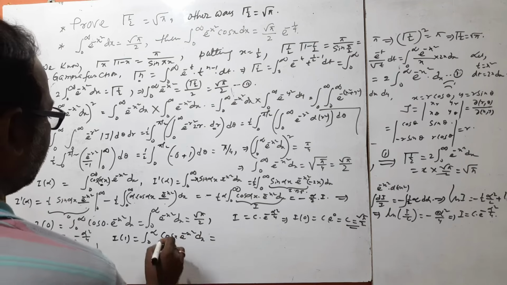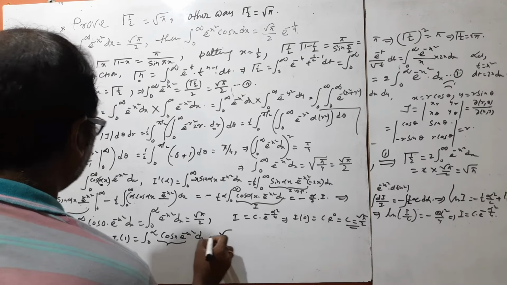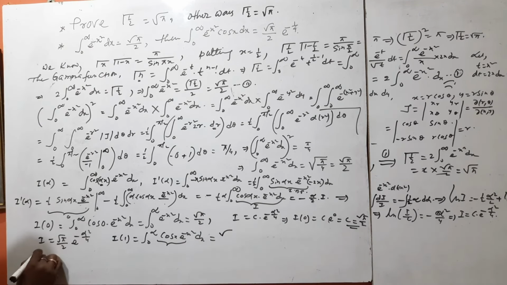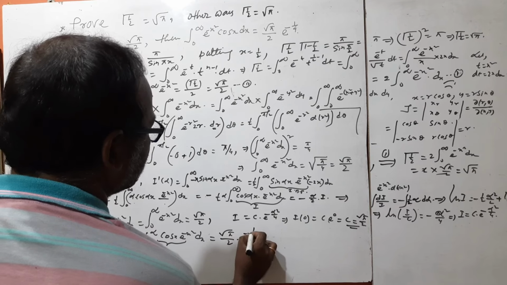So the value of this, we put here 1, so this is root pi by 2 into e to the power minus 1 over 4.